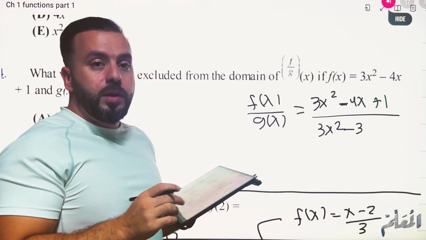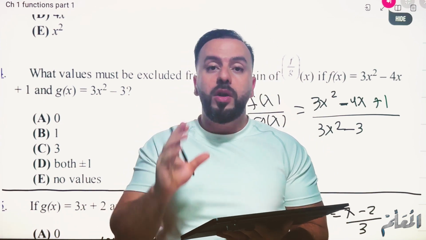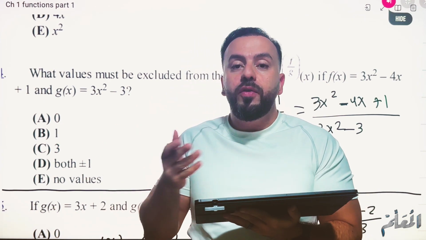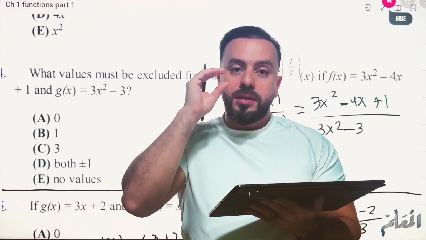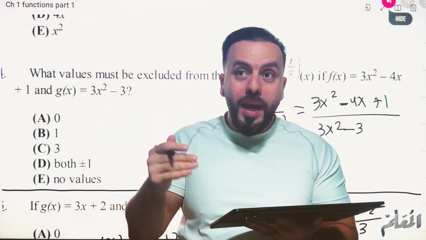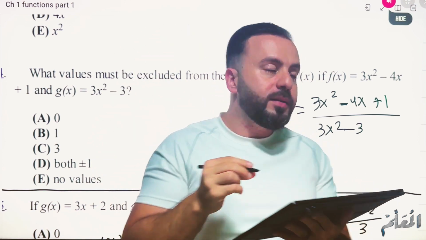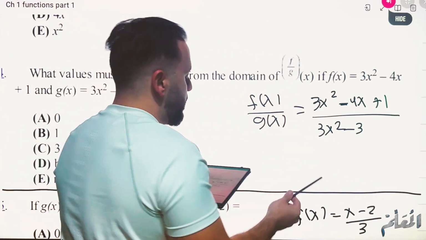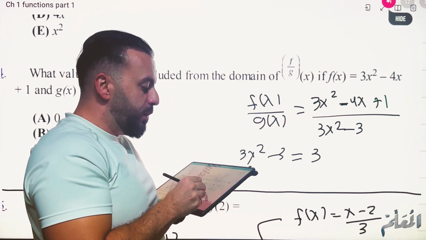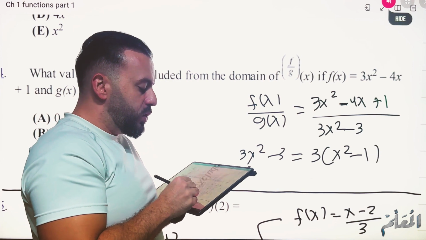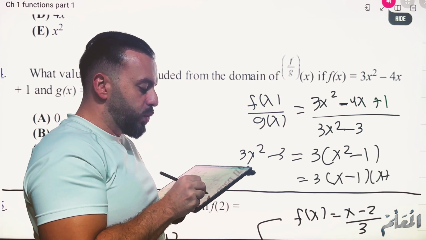The problem in functions, I always need to focus on the denominator in rational functions. Why? Because the main problem is the domain, which relates to the denominator. So if we look at the denominator, 3x squared minus 3, that equals 3 bracket x squared minus 1, so the answer is 3 times x minus 1 times x plus 1.